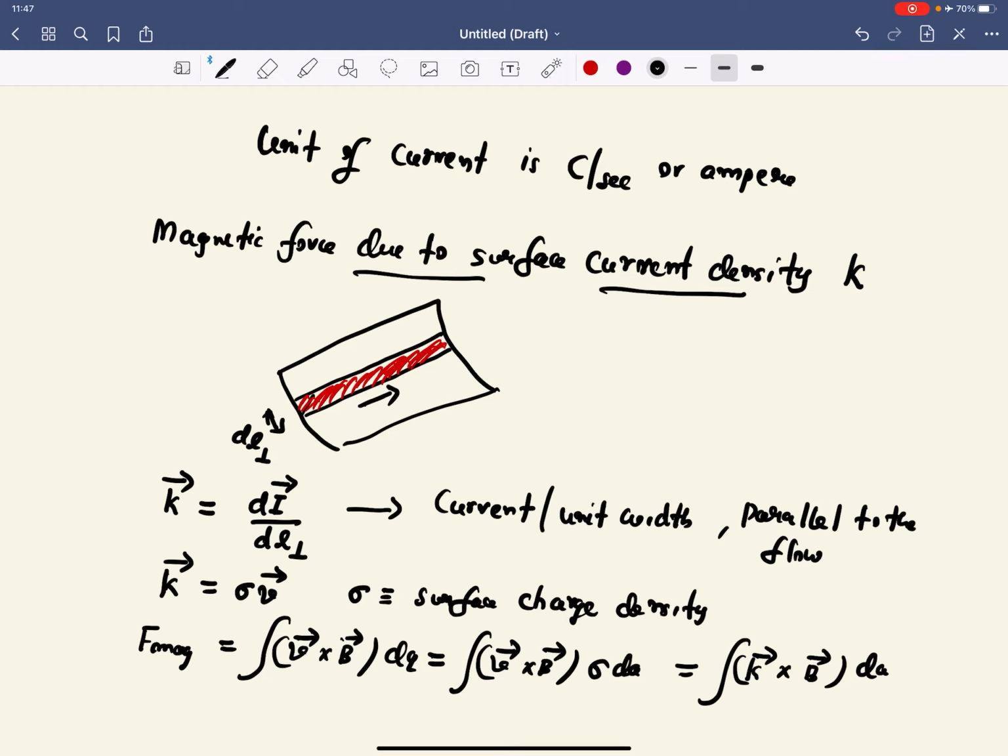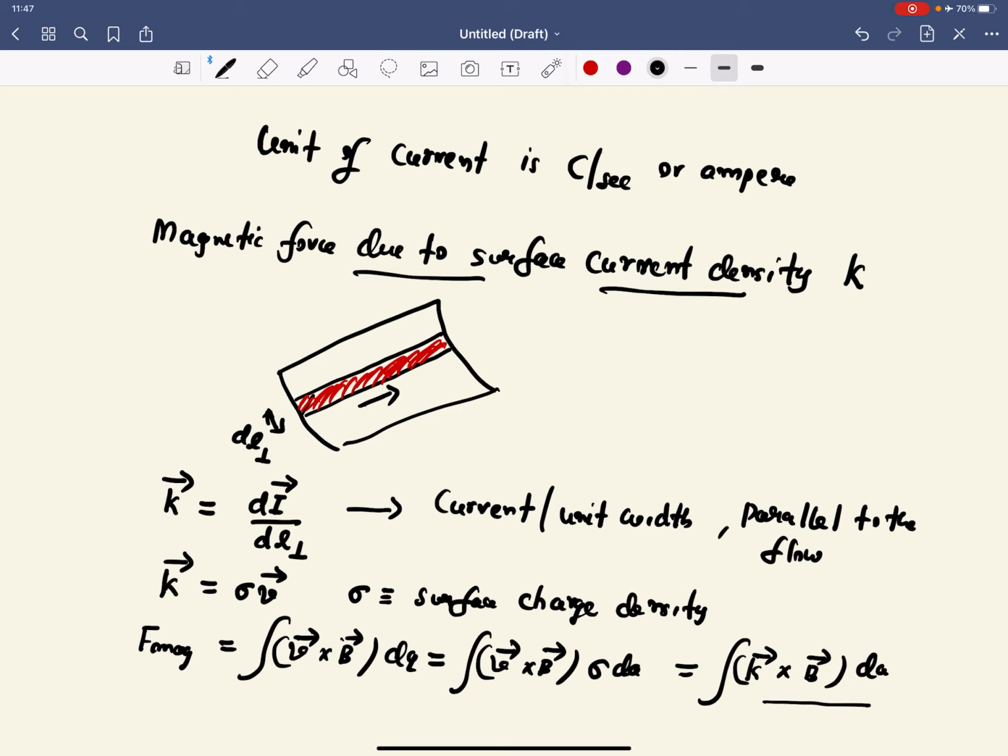Okay, so this is the expression for the magnetic force due to surface current density K. The charge is flowing over a surface. You will also encounter situations where the charge flow is over a volume.